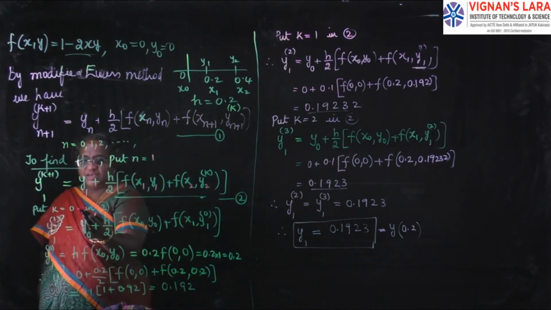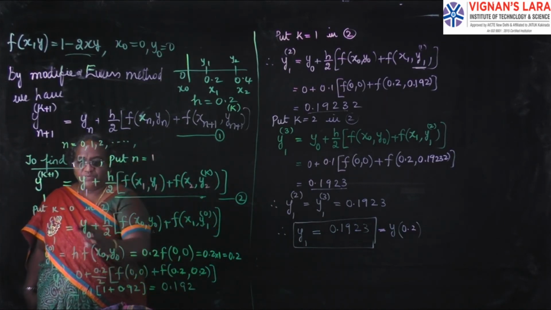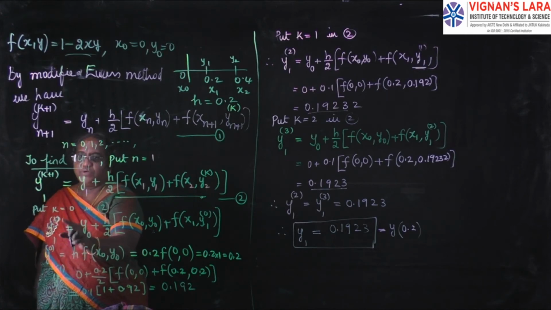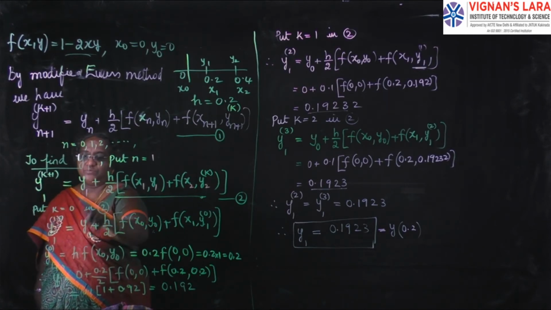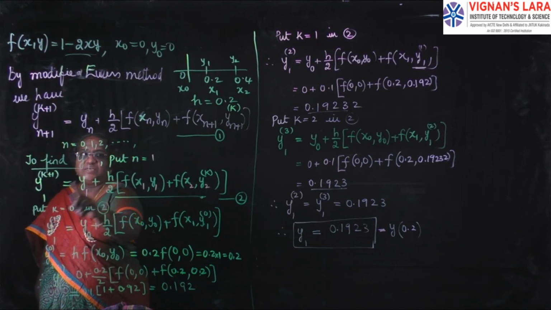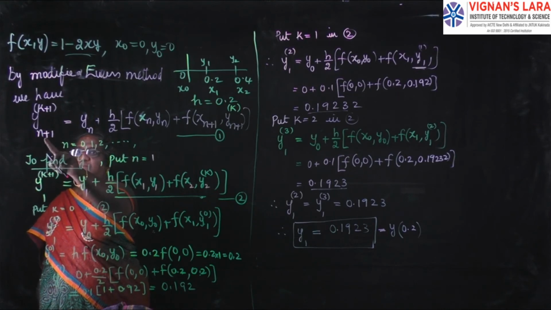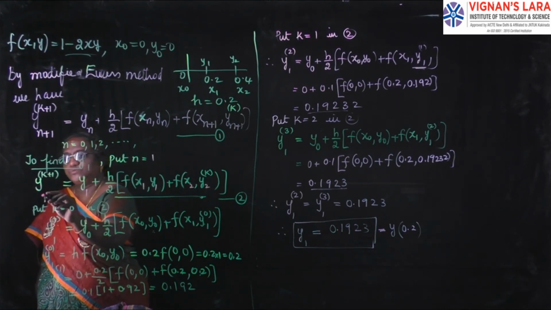Now we put k is equal to 0 in 2. When we put k is equal to 0 in equation 2, we get n is equal to 1. n is equal to 1 here, 1 plus 1. This becomes 2.